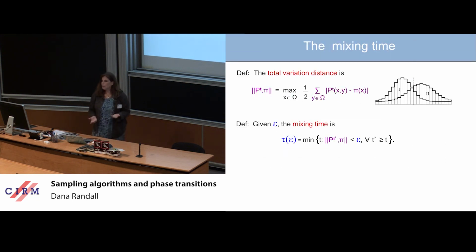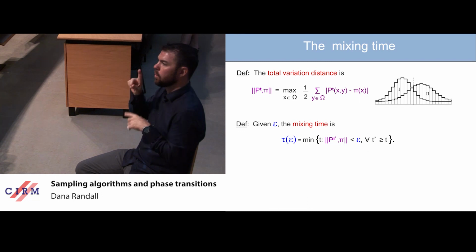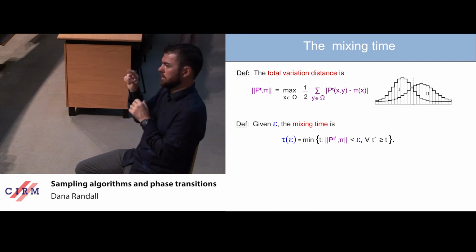Okay. So the measure that we use for this is the mixing time, which is when the total variation distance between your current distribution after evolving the Markov chain for a certain number of steps and your stationary distribution, which you will eventually converge to, when the L1 distance is twice epsilon.